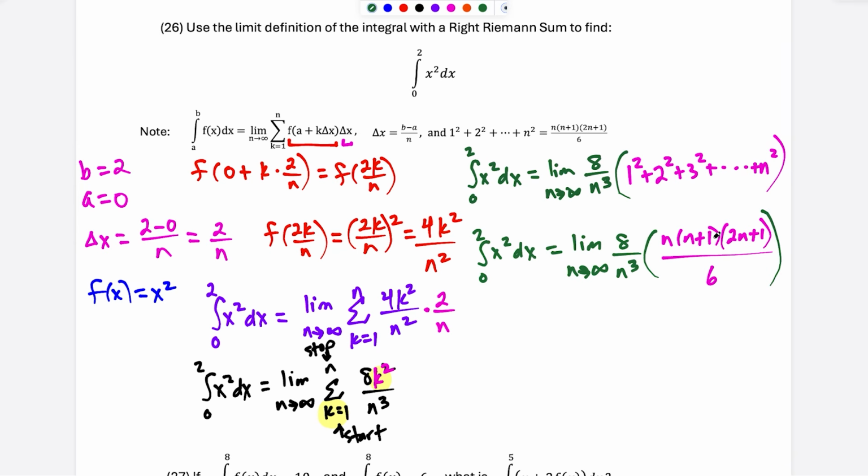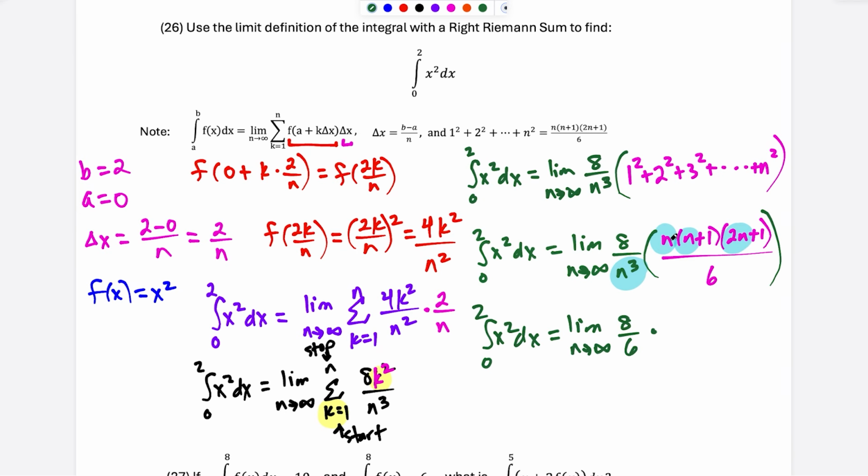And what we could do from here is to evaluate this limit, we could use that idea from before that we only have to focus on the leading terms since we're finding a limit as n goes to infinity. So I could rewrite this now and say that the integral from 0 to 2 of x squared dx equals the limit as n goes to infinity. And we have 8 over 6, I'll put on the side like this.